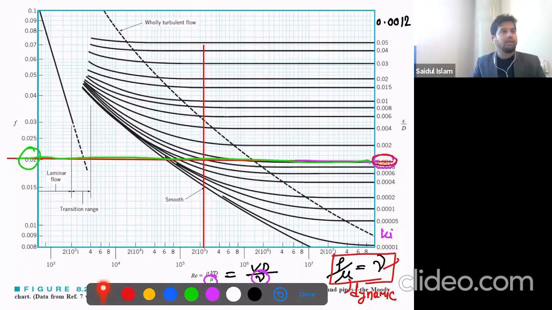We will just follow this line, and if we follow this line, we get the friction factor is 0.02. So now we will use an assumption that F1 is 0.02. You understand what I mean? Otherwise, we do not have any other way to solve these questions. But we are using this assumption, and we will definitely validate later on whether our assumption is correct or not.